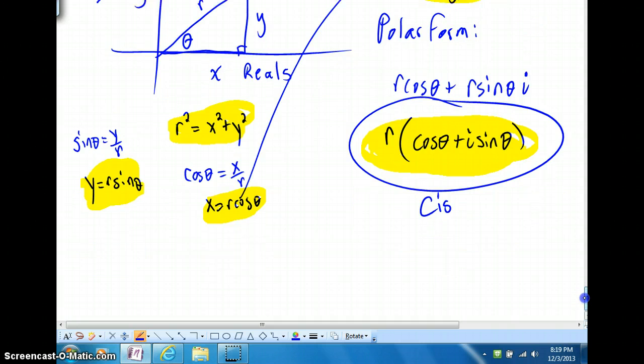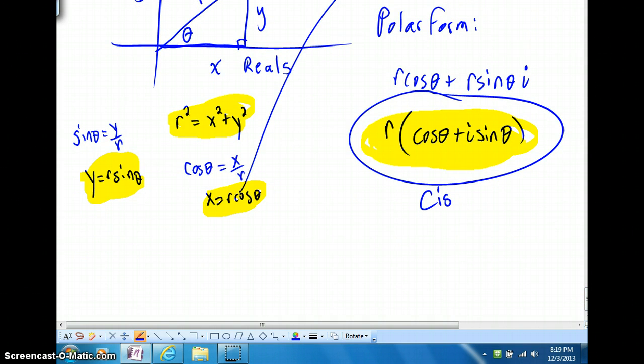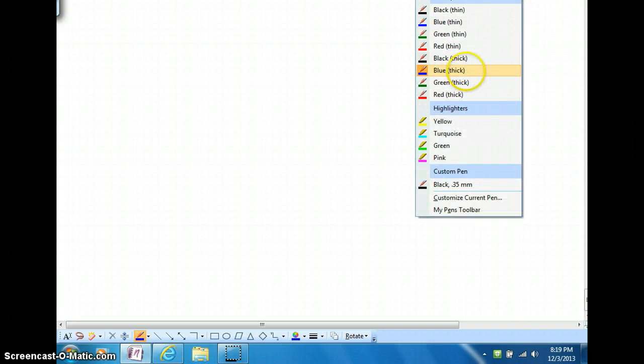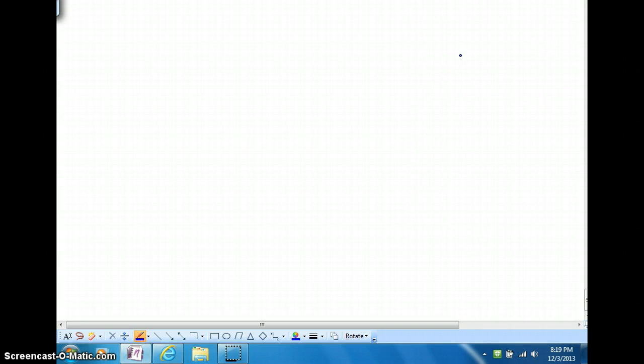But I'd like to do an example with you right now that's actually an old contest question. And very quickly, let's just take a look at this type of problem. 5 minus 10i is written in polar form.